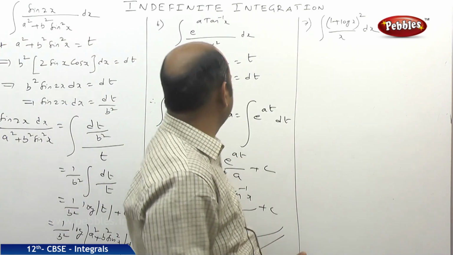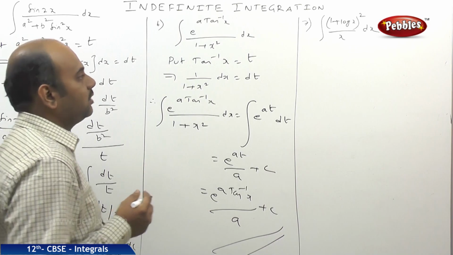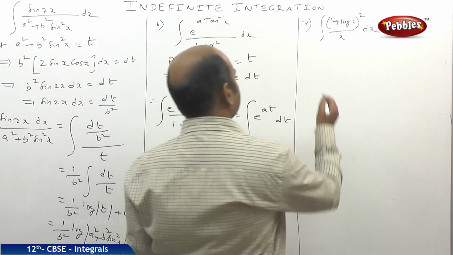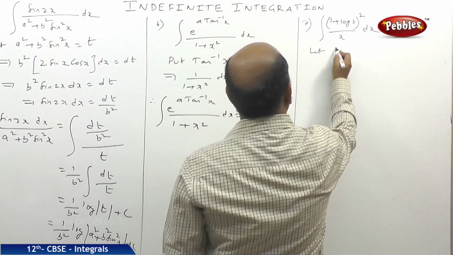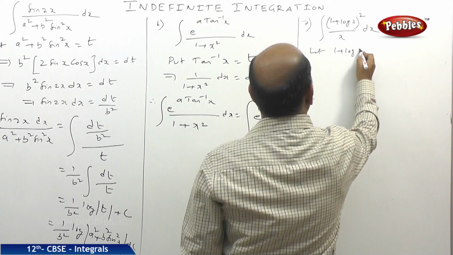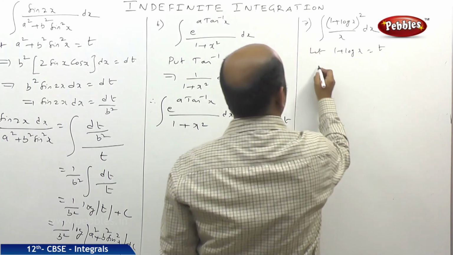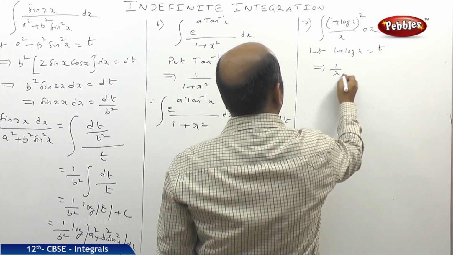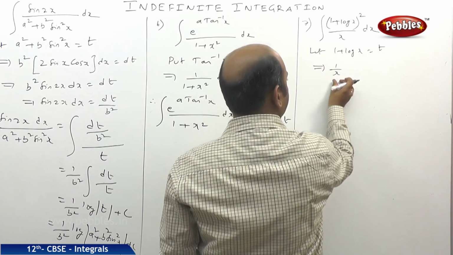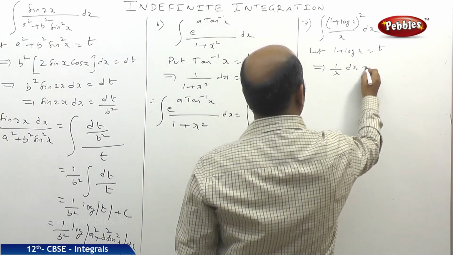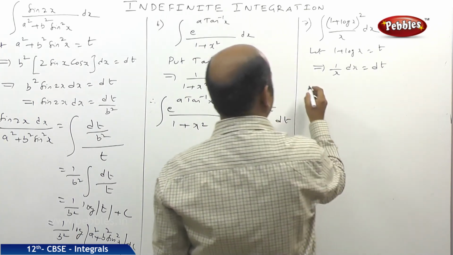Similarly here also. Students, I think by this time you should tell what to substitute. So blindly I can do it: let 1 plus log x is equal to t. The derivative of 1 is 0, the derivative of log x is 1 by x, and outside there will be dx, and here comes dt.